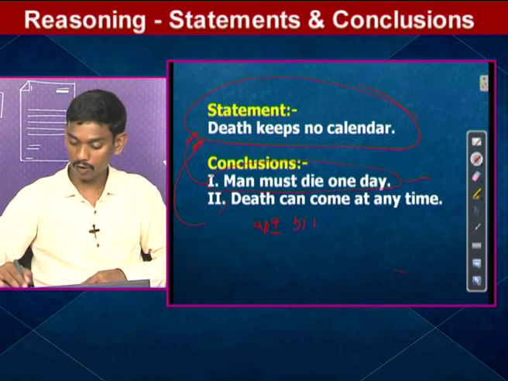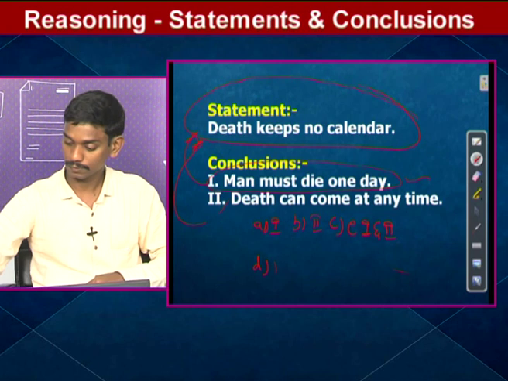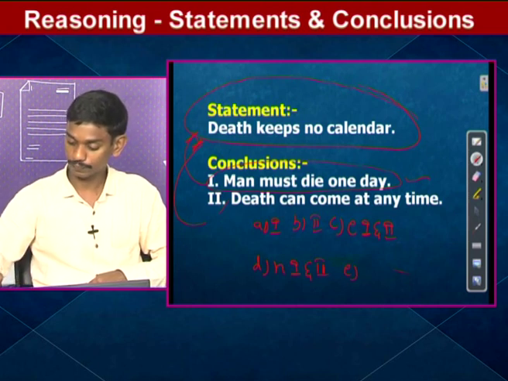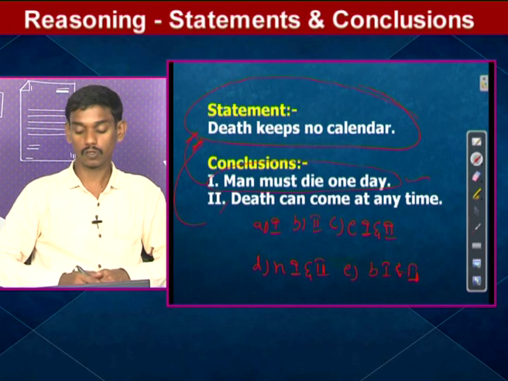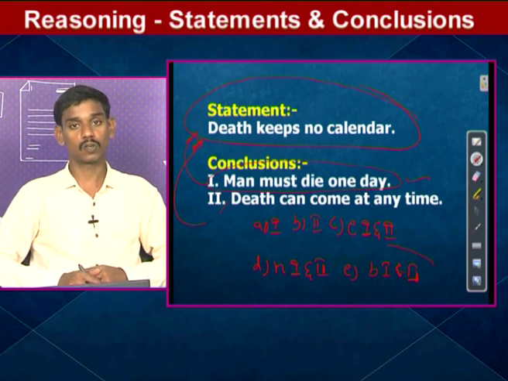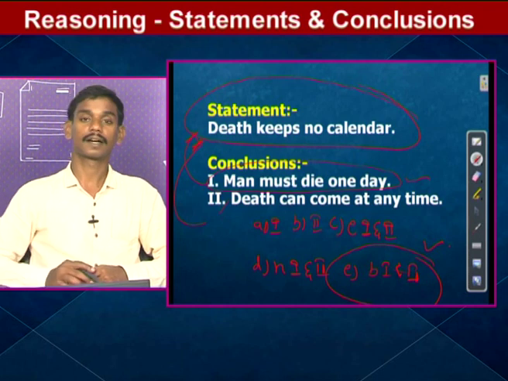A means 1 follows, B means 2 follows, C means either 1 or 2, D means neither 1 nor 2, E means both 1 and 2. So both 1 and 2 follow here, and are related to the given statement. So our required answer is option E, and this is the correct answer.